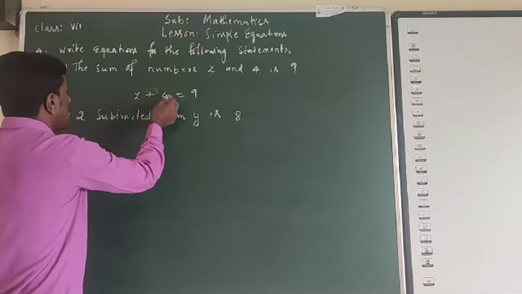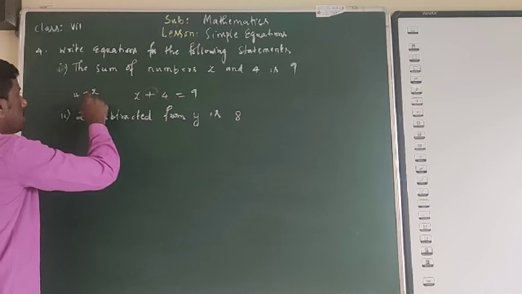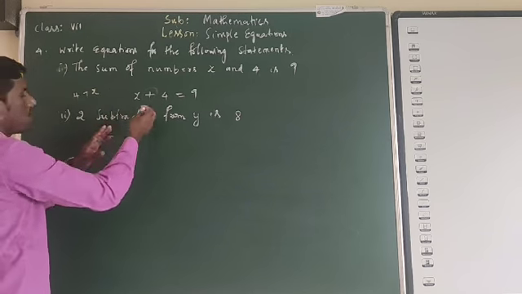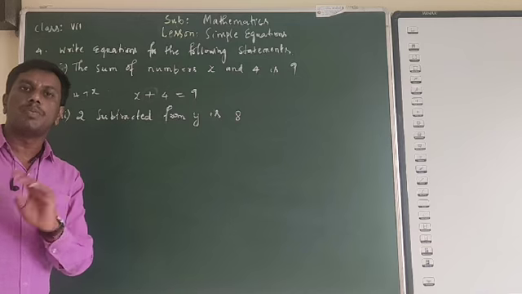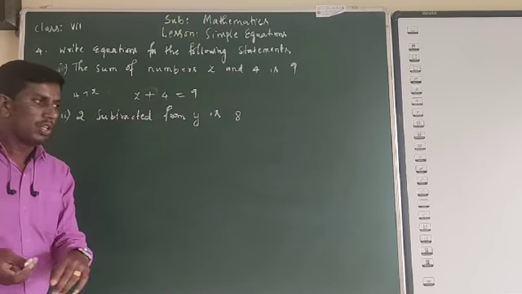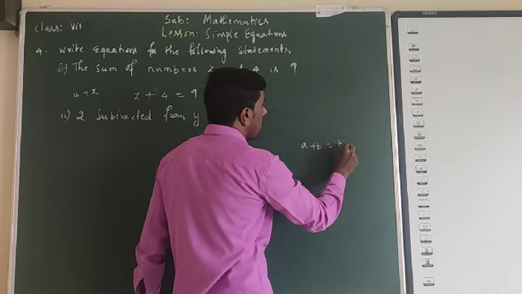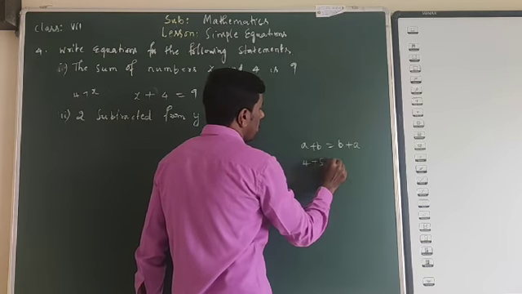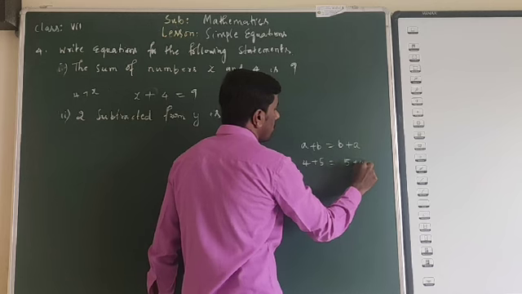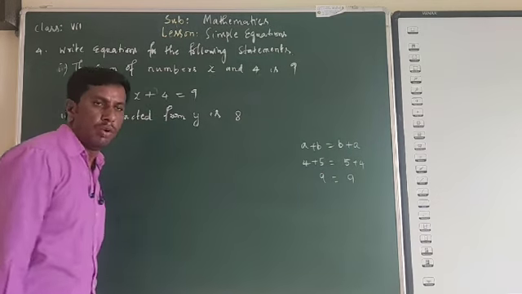You can write x plus 4 or otherwise 4 plus x. It doesn't make any difference because it is an addition. x plus 4 and 4 plus x are both the same. a plus b is equal to b plus a. Commutative law under addition. You know that, right? That means 4 plus 5 is also the same as 5 plus 4, because 4 plus 5 is 9 and 5 plus 4 is also 9.